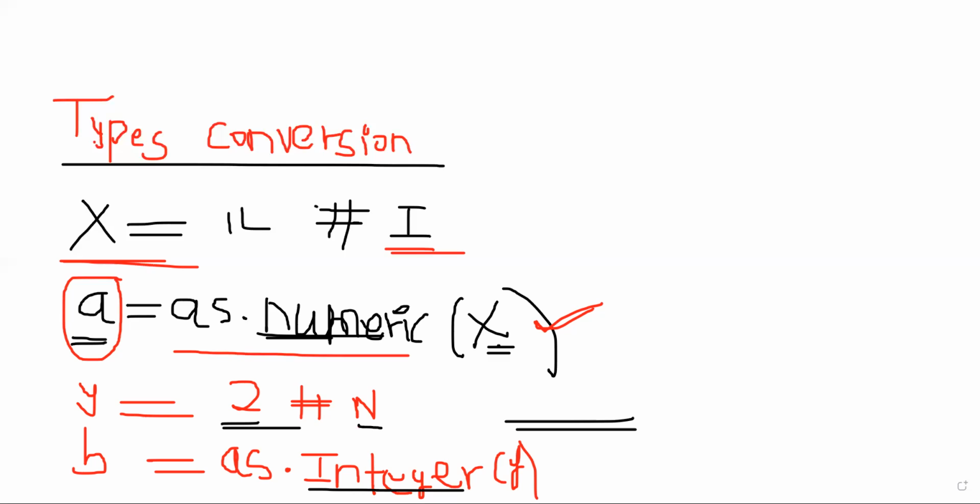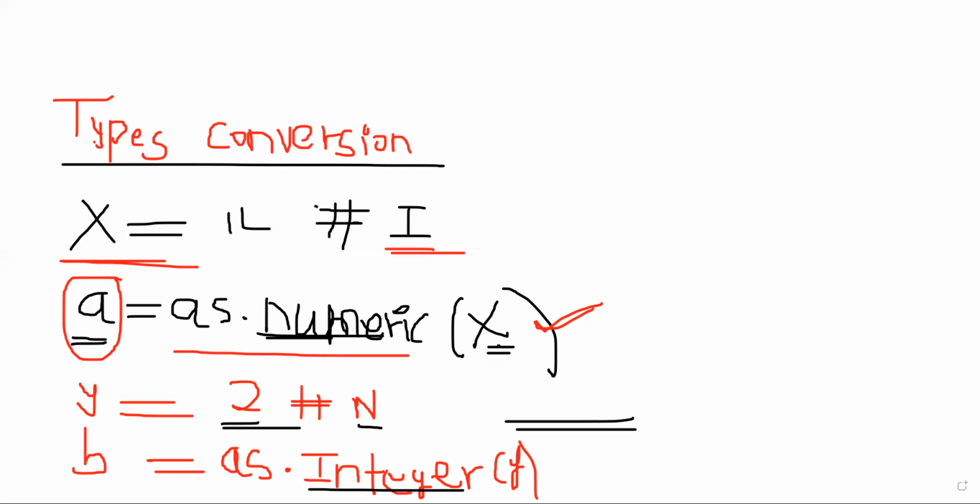Now I want to convert this, so I'll assign one variable a is equal to as.numeric, and I'll mention x. Then I'll go for b. I'll assign another variable b, and b will now consider the value of y, and it changes the data type from numeric to integer.